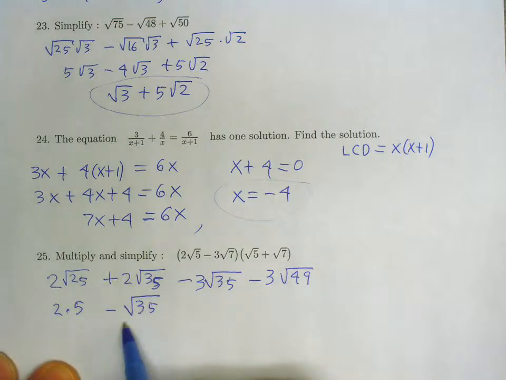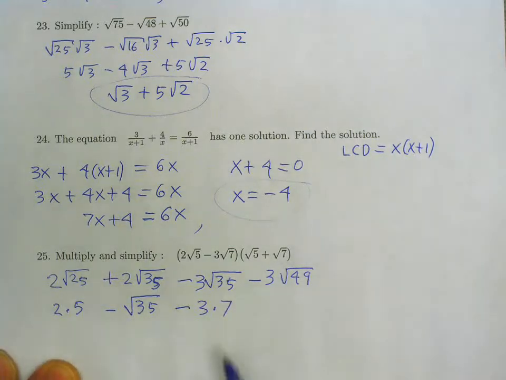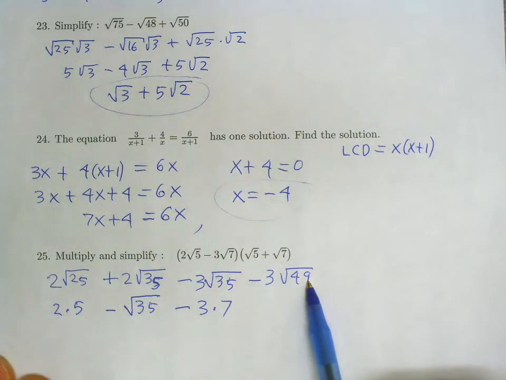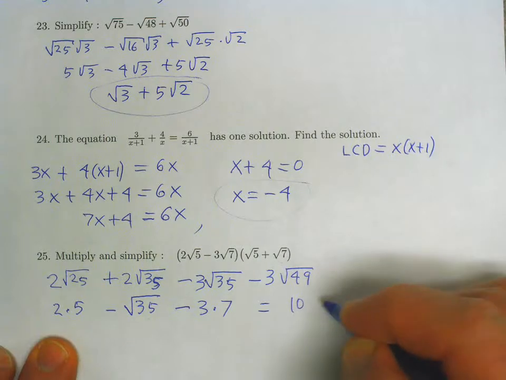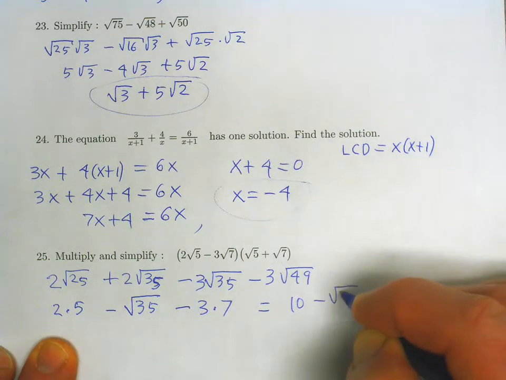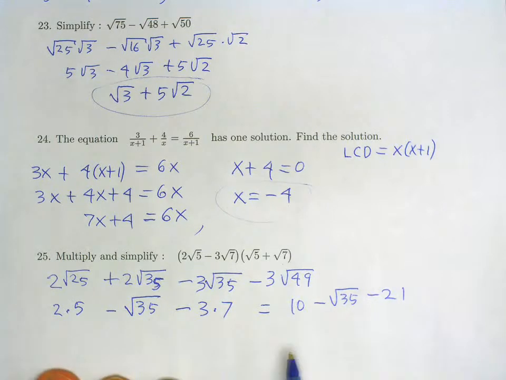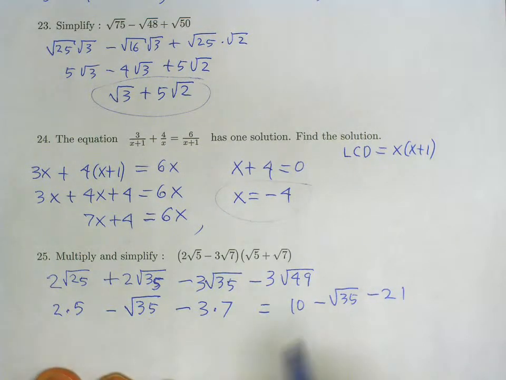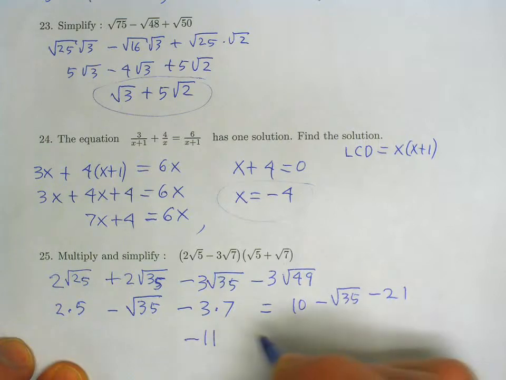This is like minus 1 times the square root of 35. And then minus 3 times 7, since 7 is the square root of 49. 2 times 5 is 10. 10 minus the square root of 35 minus 21. And finally, 10 minus 21 is negative 11. So our simplified answer is negative 11 minus the square root of 35.